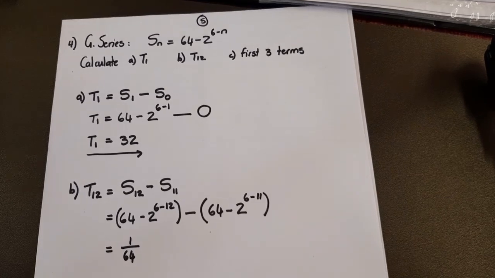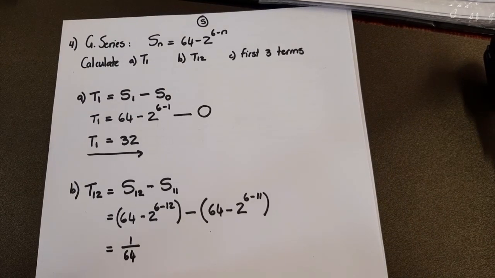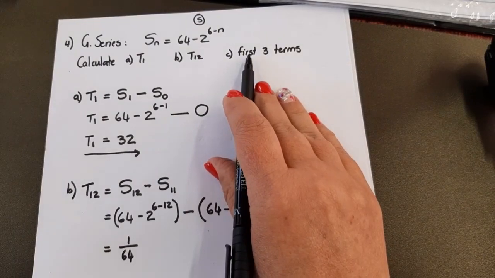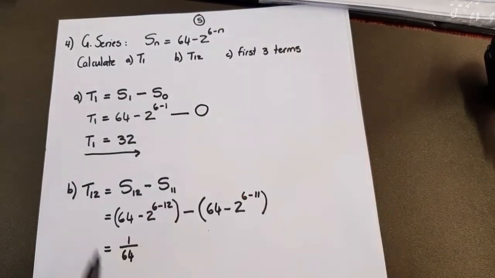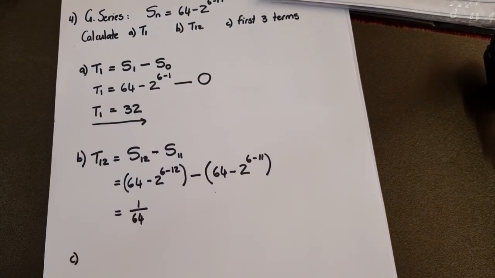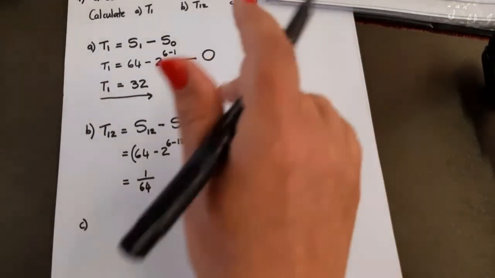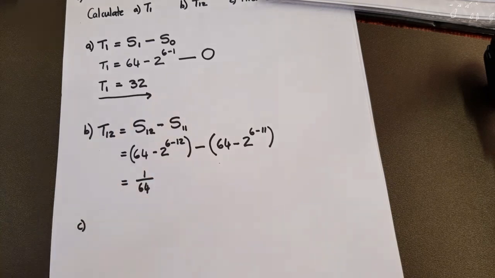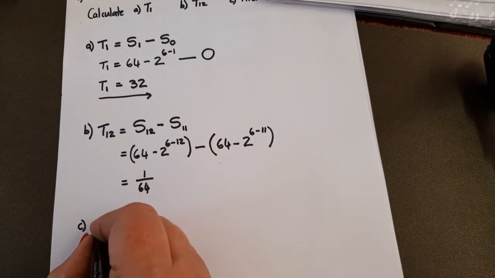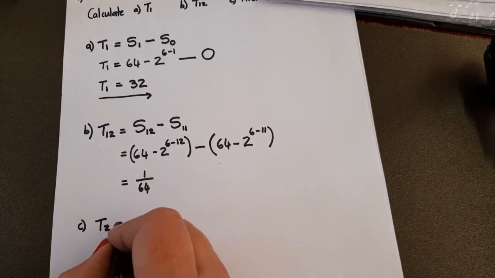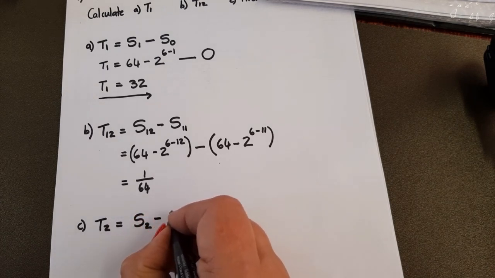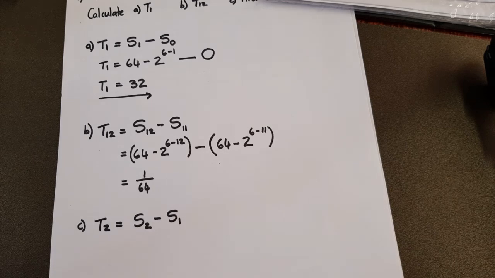Question C. Calculate the first 3 terms. We know term 1 is 32. Let's calculate term 2. Term 2 will be the sum of 2 terms minus the sum of 1 term.